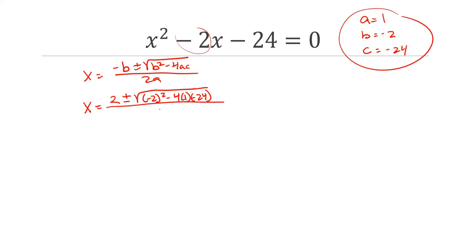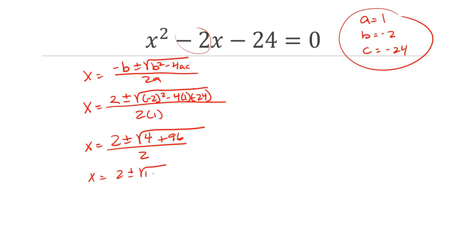I'm just substituting these values into the formula, over 2 times 1. So x equals 2 plus or minus the square root. Negative 2 squared is 4. Negative 4 times negative 24 is positive 96. So I get x equals 2 plus or minus the square root of 100 over 2.